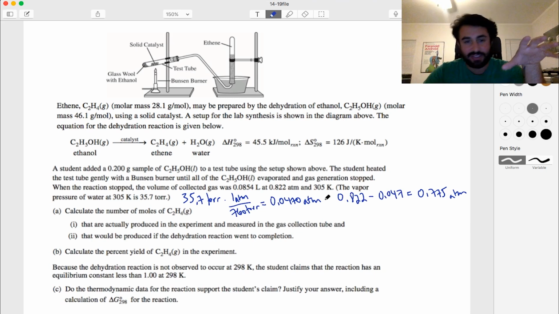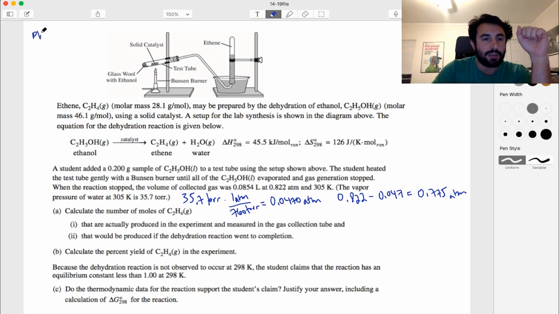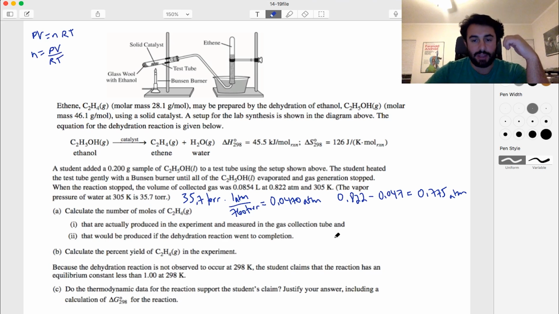So let's plug this in. So we know PV equals nRT, right? And we're trying to get n. So let's make things easier on ourselves and divide both sides by RT so that n equals PV over RT. Then we can just plug everything in, right?